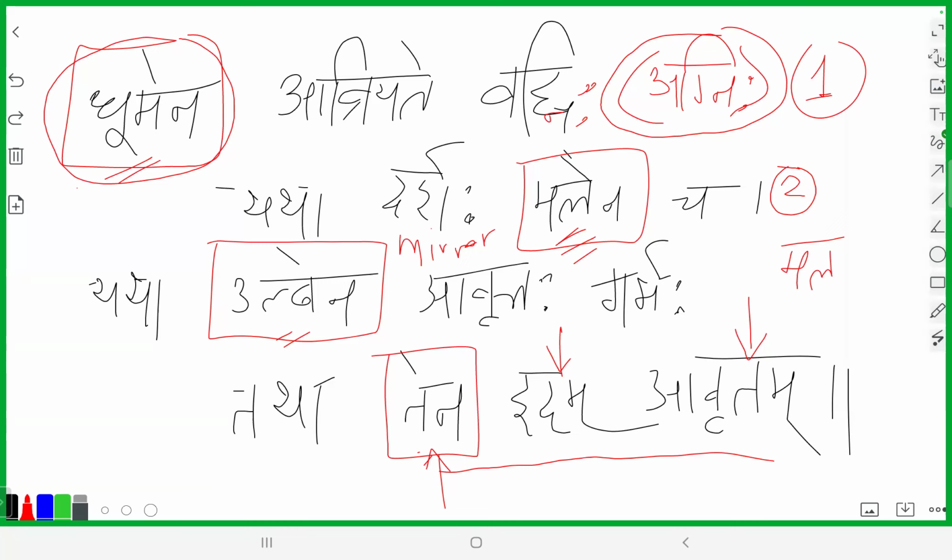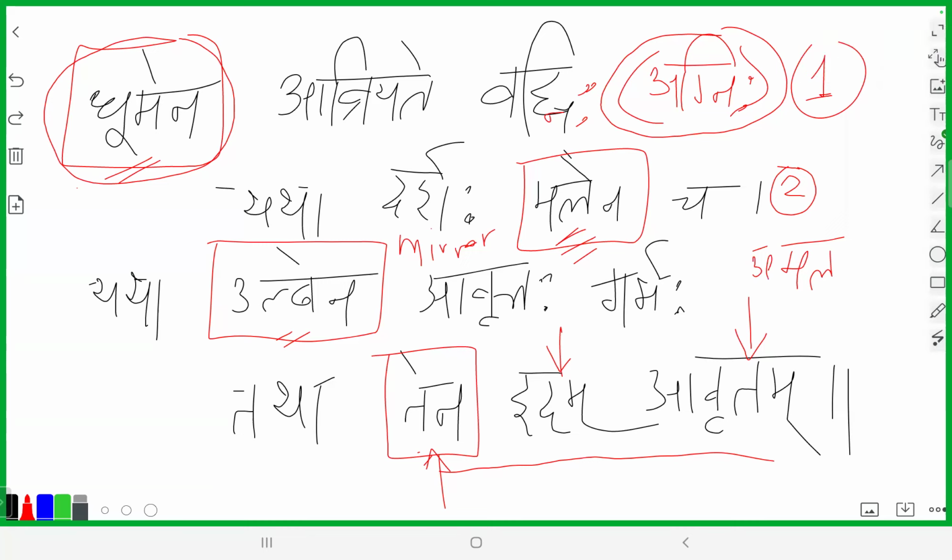Vimala is without mala. Kamala, your lotus. Ka is water, mala is filth. And amala is also the opposite of mala. So just as the mirror is covered by dust.